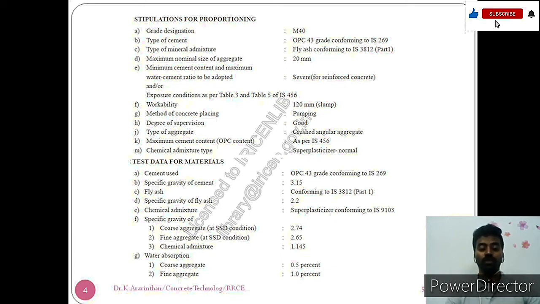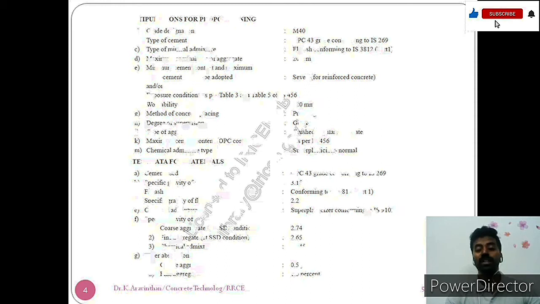Also the water absorption for coarse and fine aggregate is 0.5 and 1%. The aggregate does have some amount of water in it, so that amount of water is mentioned here.